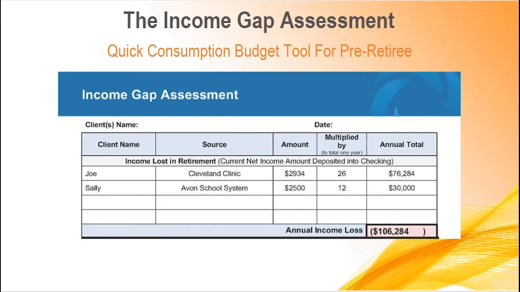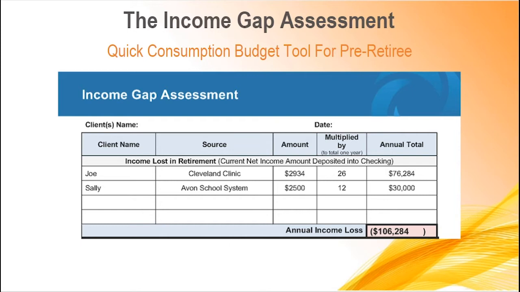So you can see we have Joe's name on the left-hand side under client name. The source is the Cleveland Clinic, and the amount, the net income deposited into his checking account, is $2,934 multiplied by 26, because he's paid bi-weekly, 26 pay periods in a year.